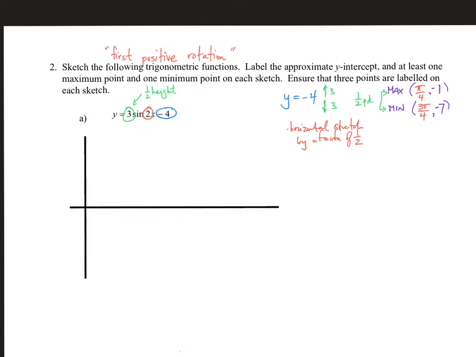For me to go from the top of my graph to the bottom of my graph, I've only gone halfway. To complete the full period, I would have to continue getting back to the max, hence the half the period. So if I was to take 3 pi by 4 and subtract my pi by 4, then I get 2 pi by 4, which is pi by 2. That represents half my period.